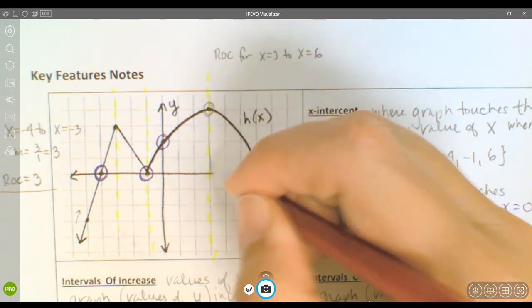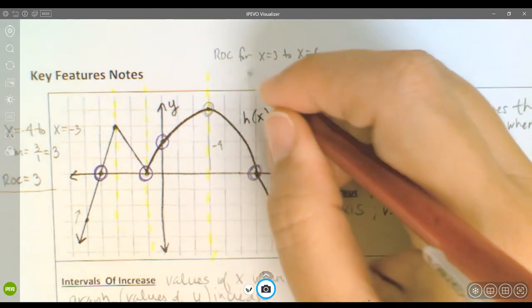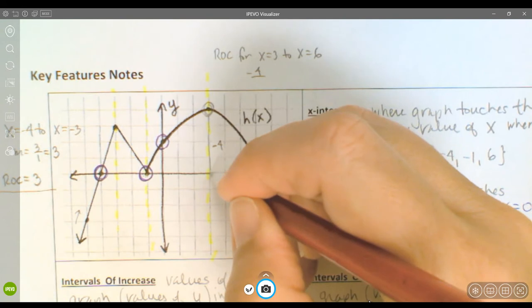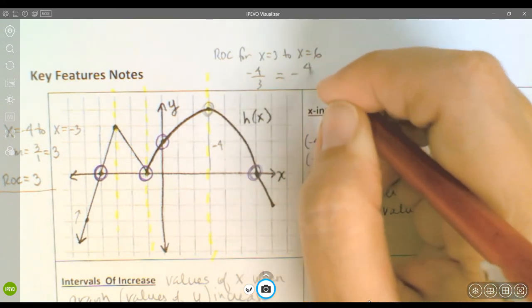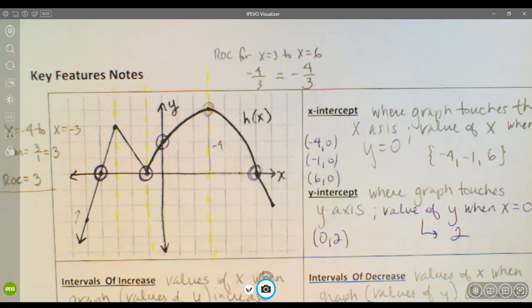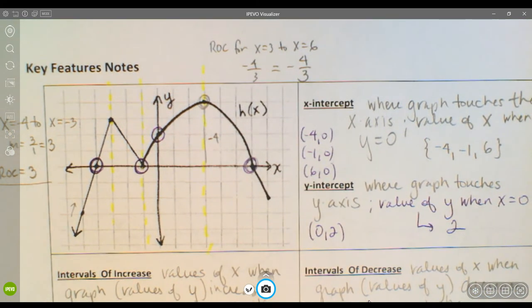I'm going to go down 4, and then I'm going to go to the right 1, 2, 3. So my rate of change from 3 to 6 is -4/3. So rate of change is how do the y's change related to how do the x's change. But whenever we want to talk about the rate of change of a line, that's when we call it the slope.